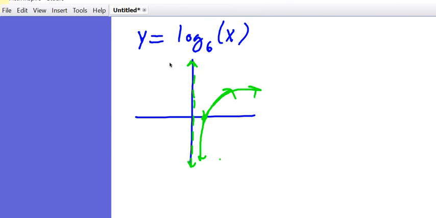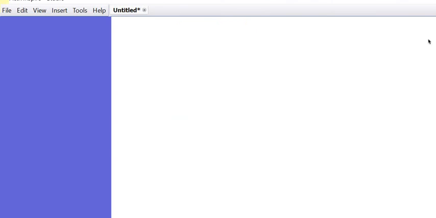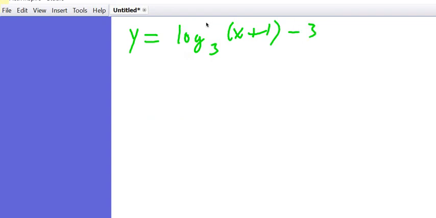Now, what if I had y equals log base 3 of x plus 1, and then a minus 3 out here to the right? All right, what is this going to do? Well, let's see. First of all, again, log base 3 is not going to be a whole lot different than log base 6 or log base 10 even.